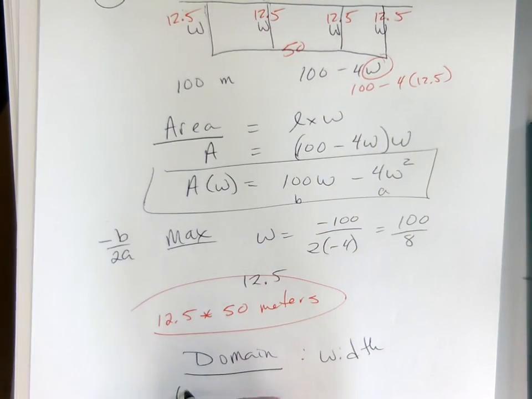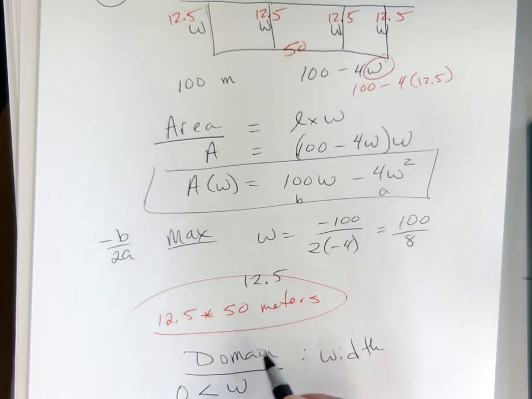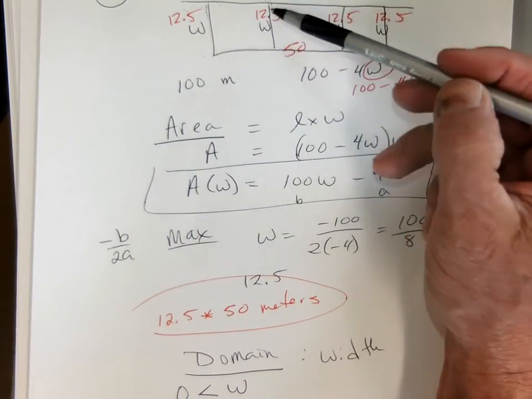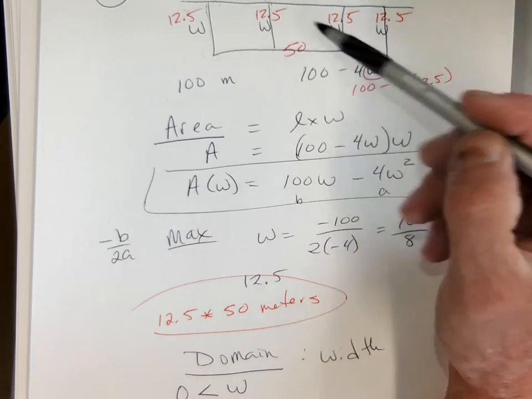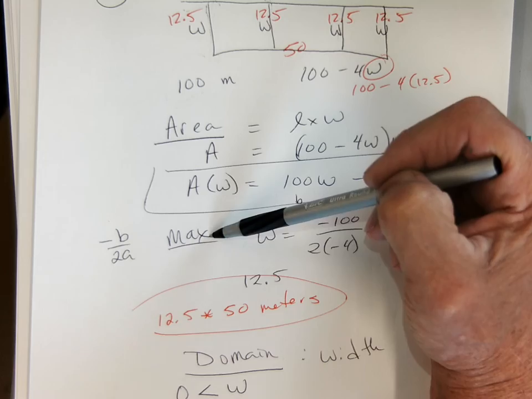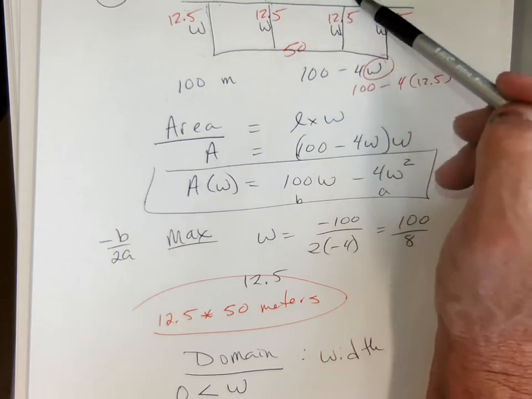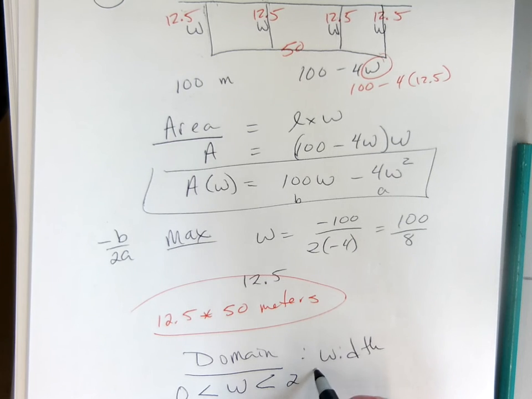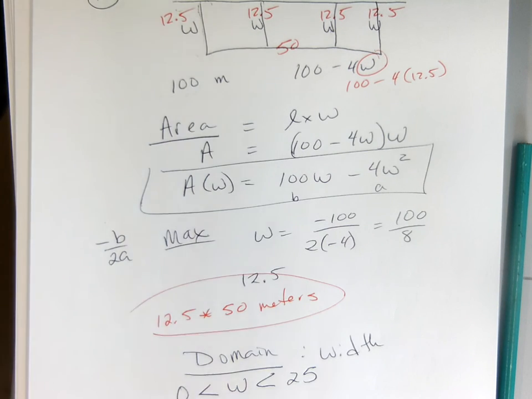So it could be close to 0. And if I take my 100 meters and put all of it here, here, and here, it'd be super long, but super skinny, right? So if we went 25, 25, 25, 25, we'd use up all of our fencing. Does that make sense?